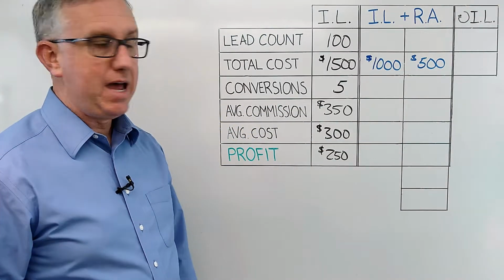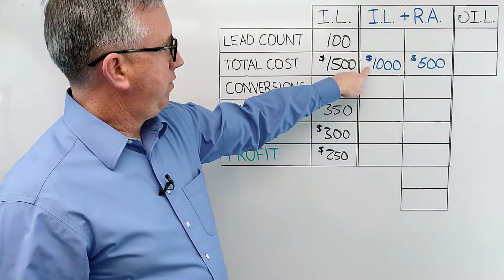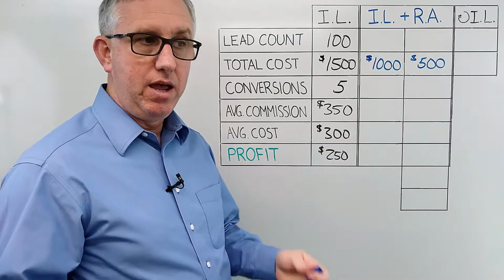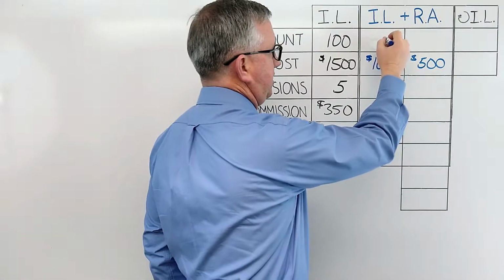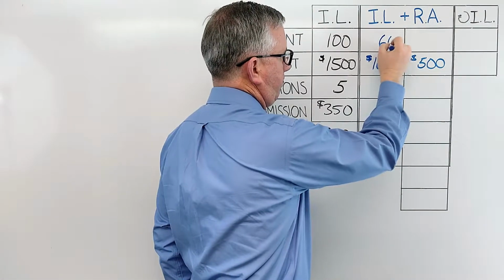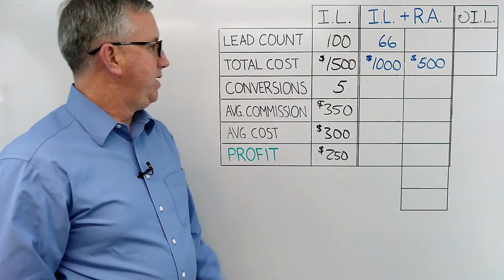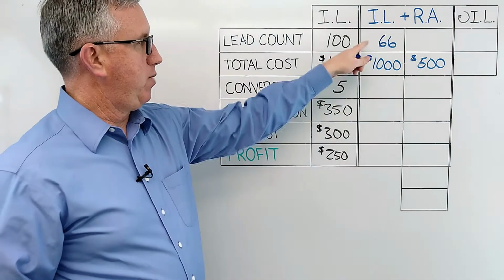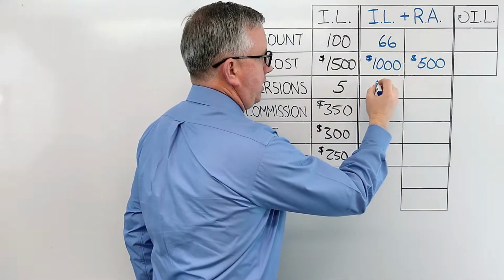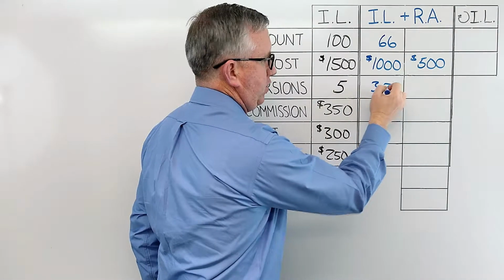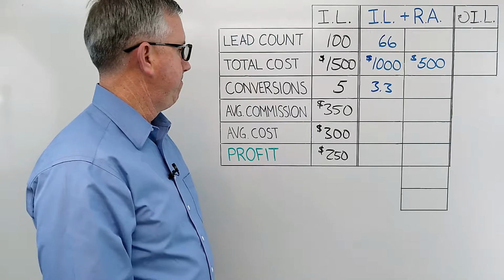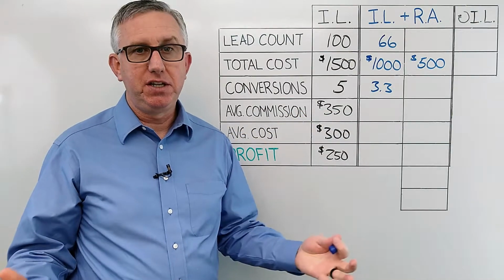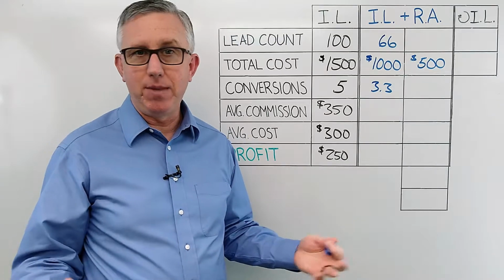Now, watch what happens. First of all, because we've reduced our spend here, instead of 100 leads, we're going to be able to buy and pay for the labor on 66 of them, which means our conversions are going to go down. If we're still converting at 5%, but we have fewer leads, that's only going to get us 3.3 conversions on average, okay? Now, our average commission isn't going to change because a policy is still a policy. It's still worth roughly the same amount.